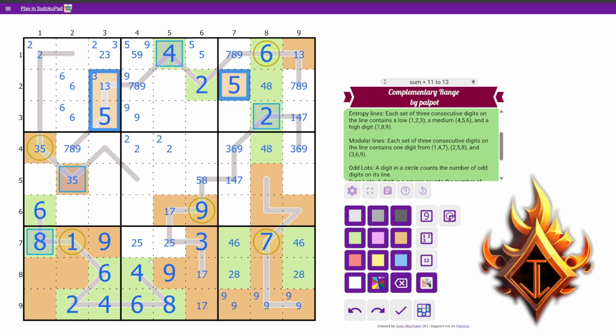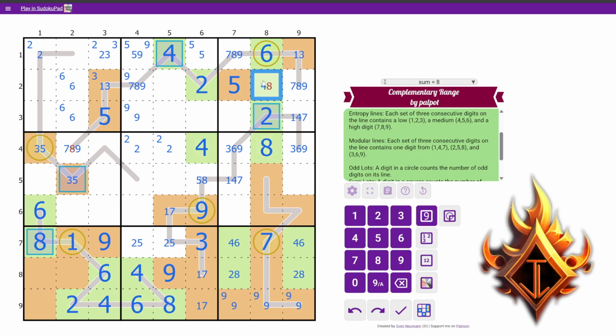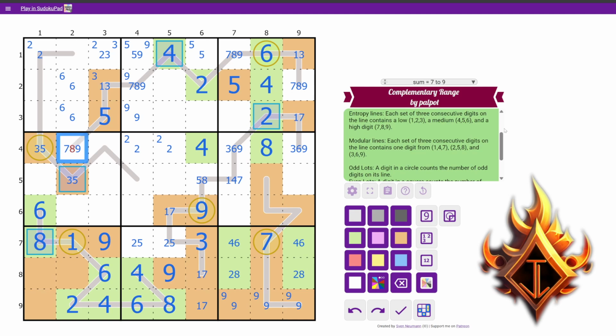There is... Oh, 4. 4 has to be there, because it cannot be either one of those. So that is 4, that is 8, that is 4. That will now be a 1, 7, which is odd. This one is now odd, as it is 7 or 9.